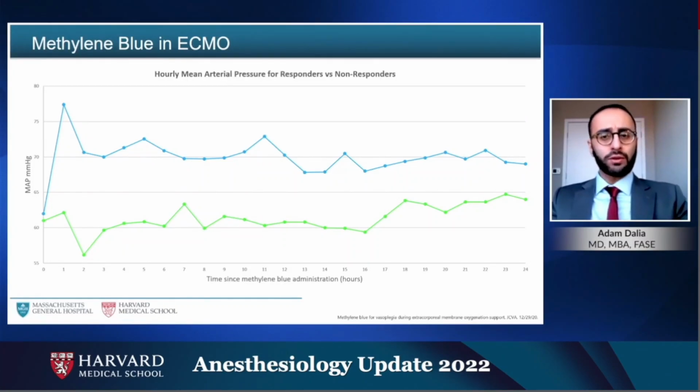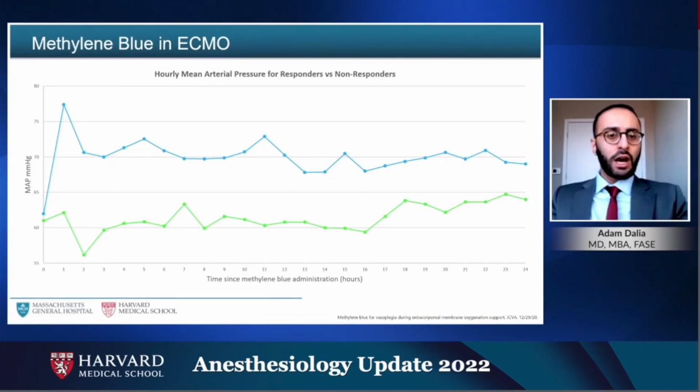Of those 45 patients, we had a 55 to 56% positive responder rate, which means a greater than 10% increase in their MAP, as well as a reduction in norepinephrine dosing.